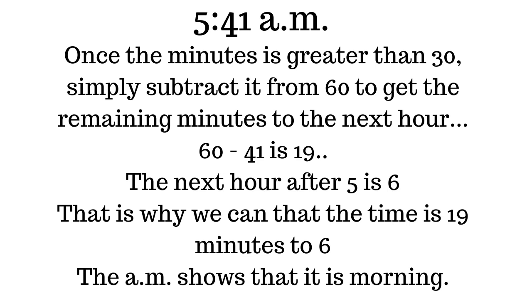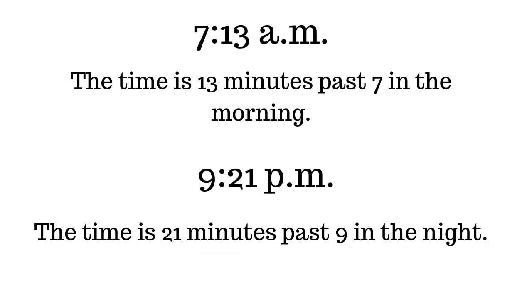So anytime you are reading from a digital clock, take note, once the minutes, that's the number at the right side, is greater than 30, simply subtract it from 60 to know the remaining minutes to the next hour.